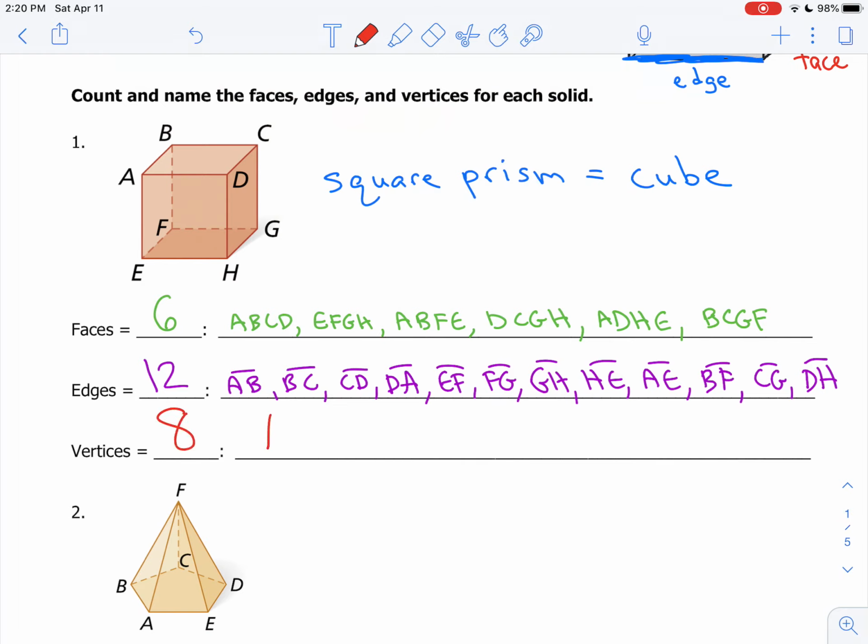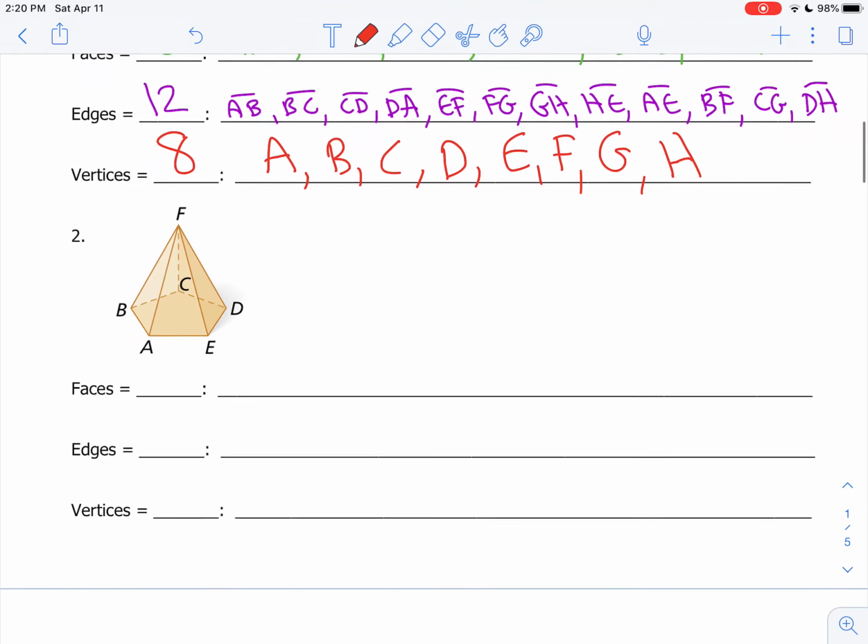We see 8 vertices, A, B, C, D, E, F, G, H. So remember, vertices are points. Points are just capital letters. All right, let's do one more, then I'll take my break.